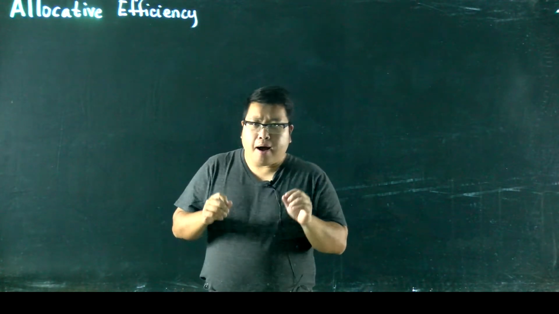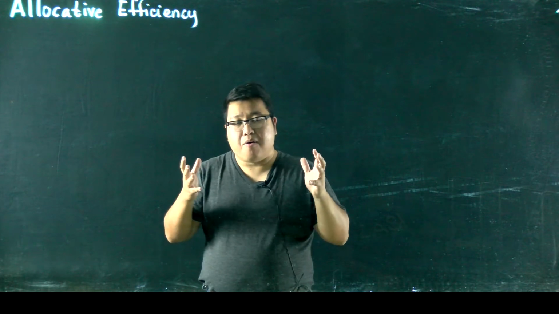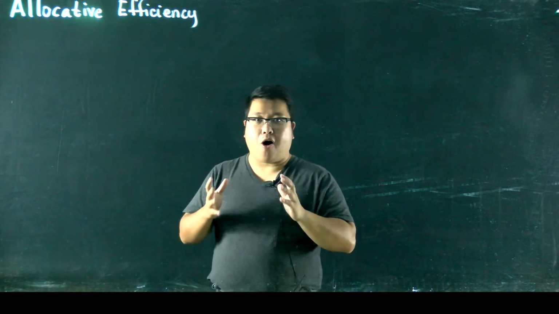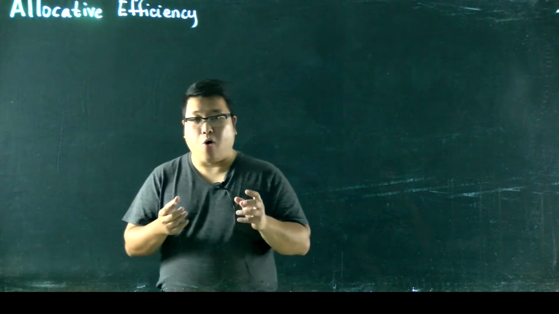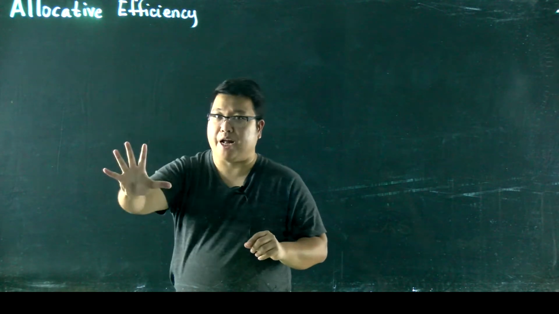Now, how do we depict the production possibilities for pizza and beer for this economy? Well, we have to construct what we call the production possibilities curve. And I'm going to sketch that on this side.